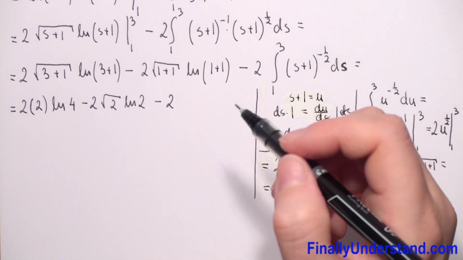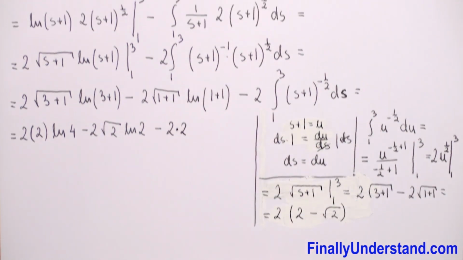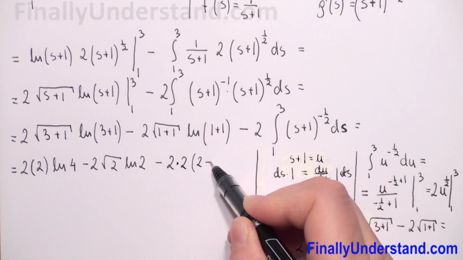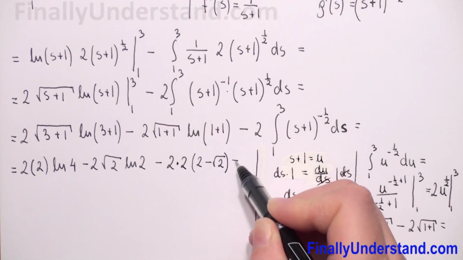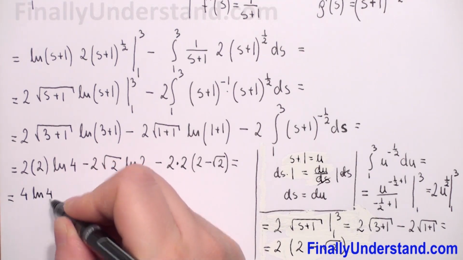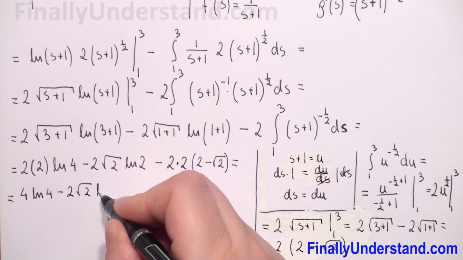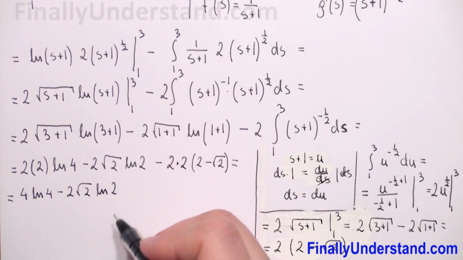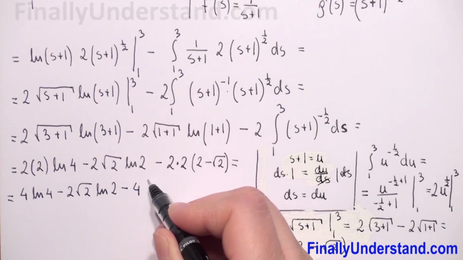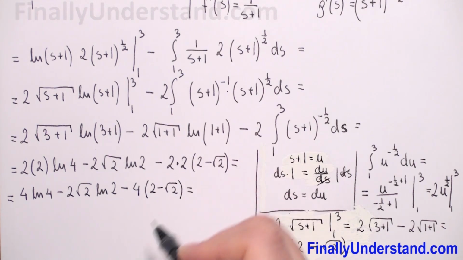we can just plug this value. So it will be 2 times, we have 2, and in parentheses we have 2 minus square root of 2. This is equal. We have 4 natural logarithm of 4 minus 2 square root of 2 natural logarithm of 2 minus, we have 4 times 2 minus square root of 2. We can use calculator.